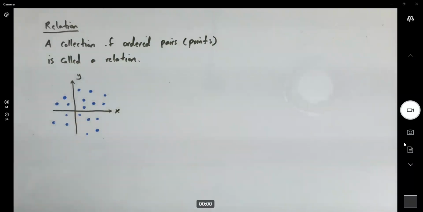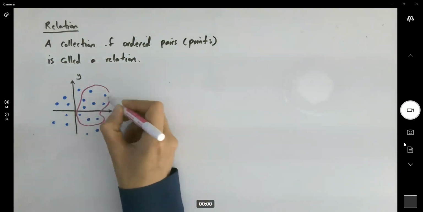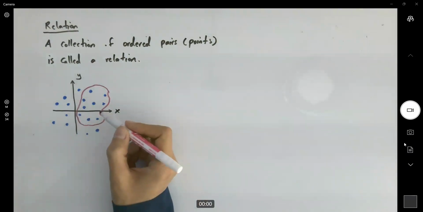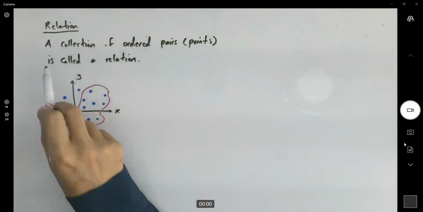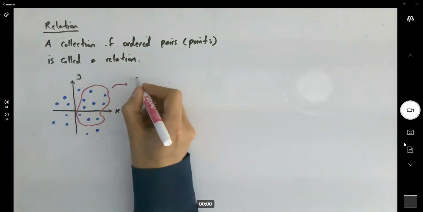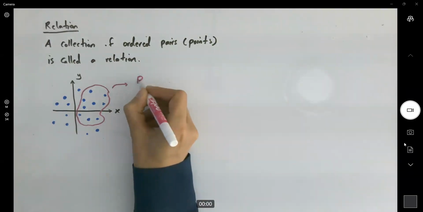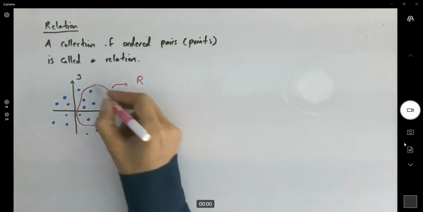You can take some of them and define a relation. For example, suppose I take these points. So a collection of ordered pairs or points is called a relation. So I'm going to define a relation here. I'm going to say that, hey, relation R is the set of points here.